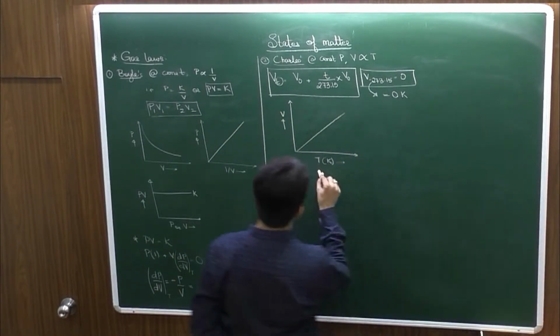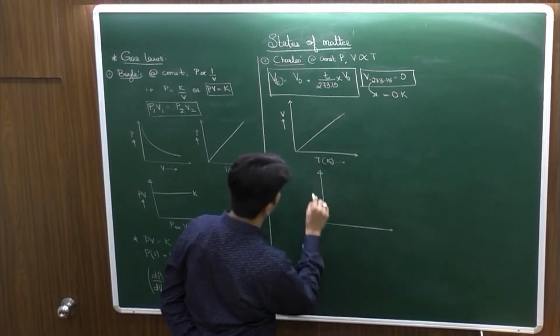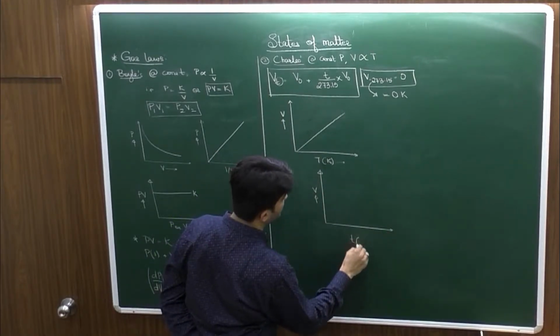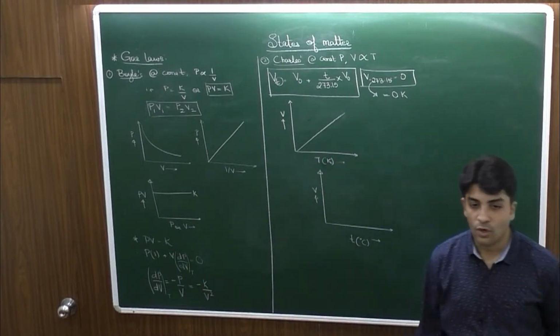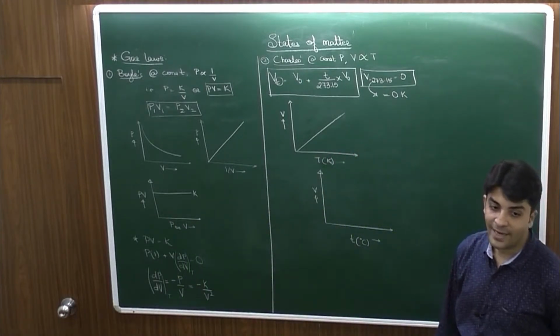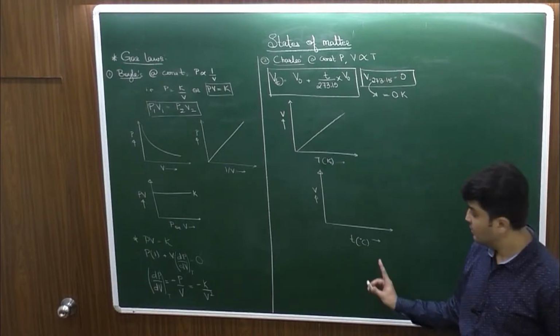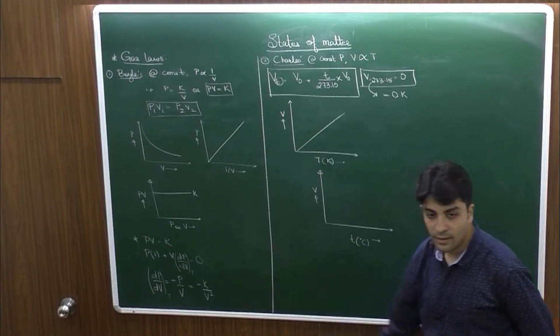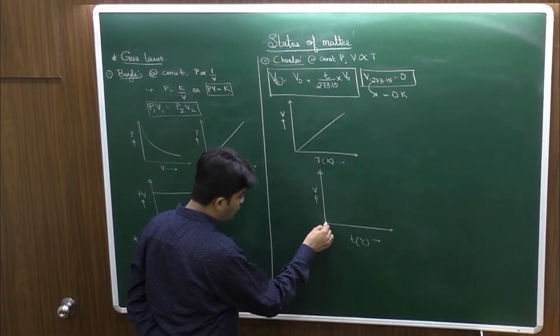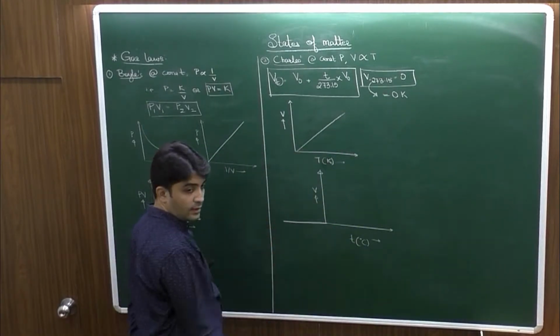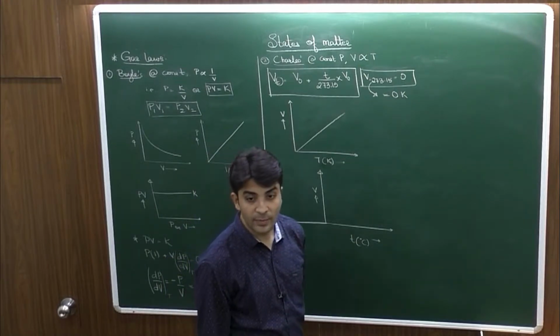But if you are asked the graph of volume versus the temperature in degrees Celsius, the graph will cross the y-axis and meet 0 on the negative side. Because in this case, when the temperature is decreased to minus 273, then the volume is becoming 0.